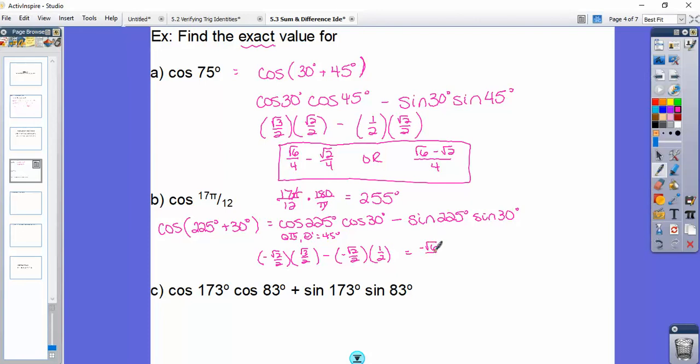So if we multiply, we get negative radical 6 over 4 minus a negative, so plus radical 2 over 4.